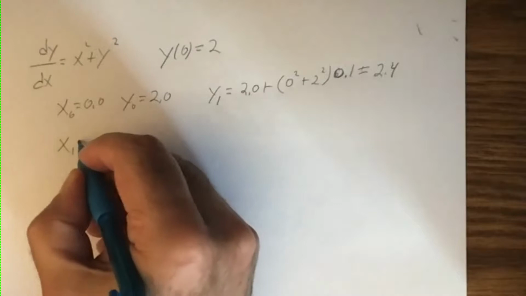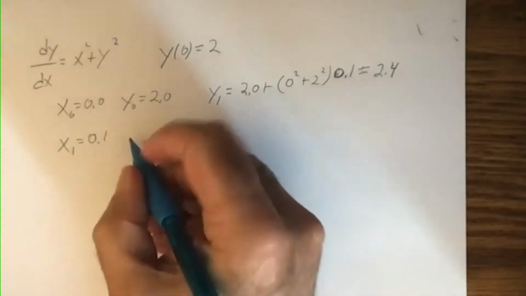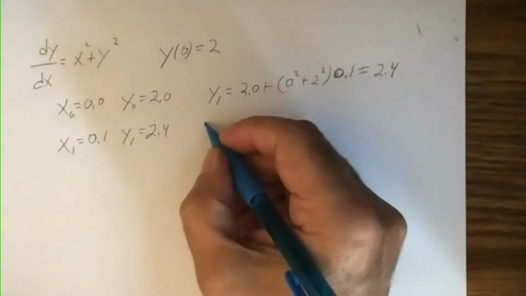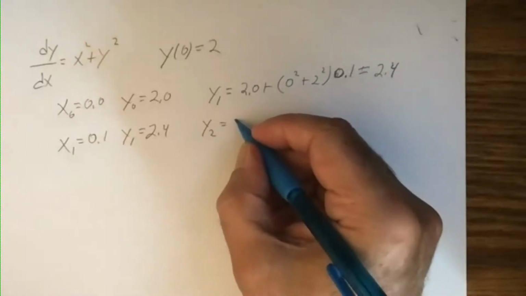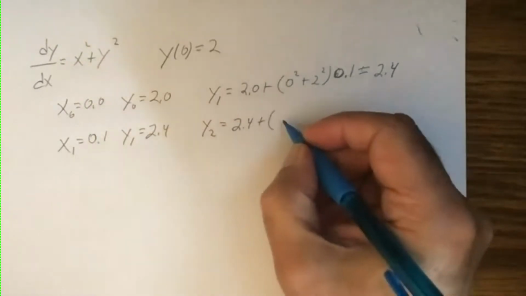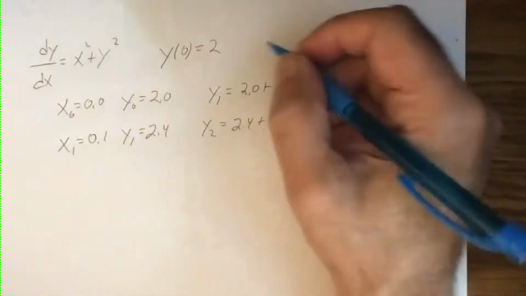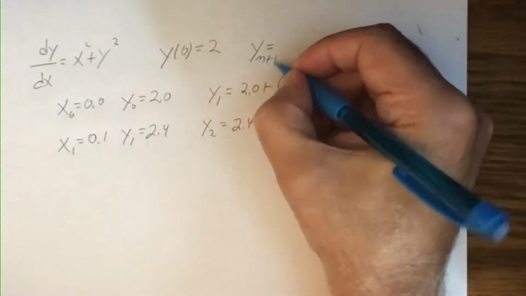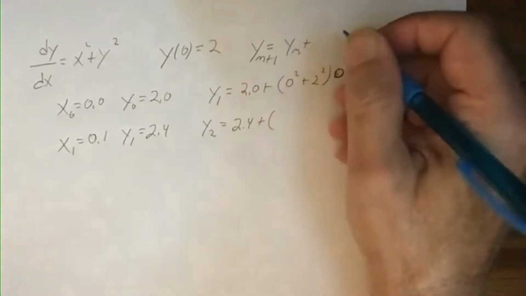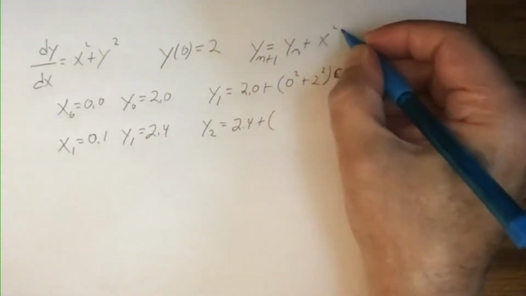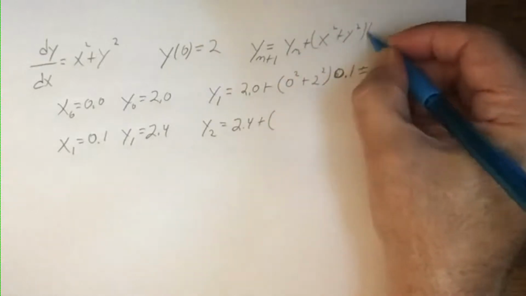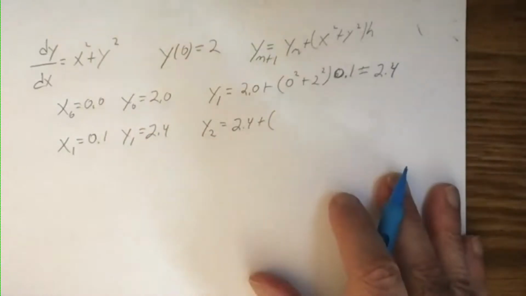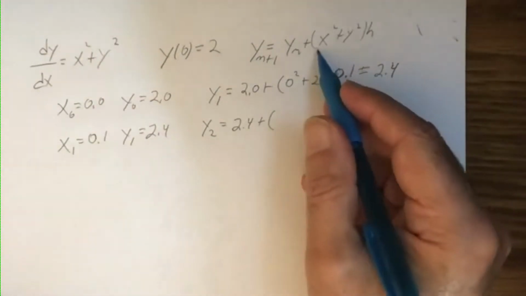Now, if I have X1 is equal to 0.1, then Y1 is equal to 2.4, which I just calculated. So then Y2 is 2.4 plus, now remember, the formula here is Y sub N plus 1 equals Y sub N plus, in this case, X squared plus Y squared times H. So now I got X squared here.